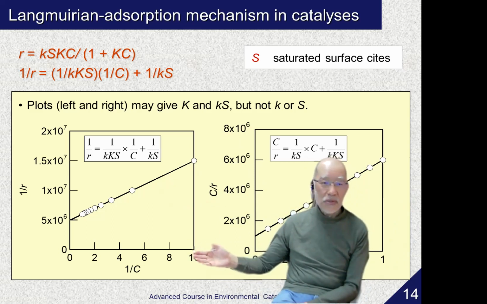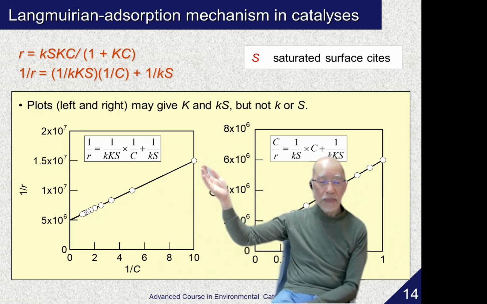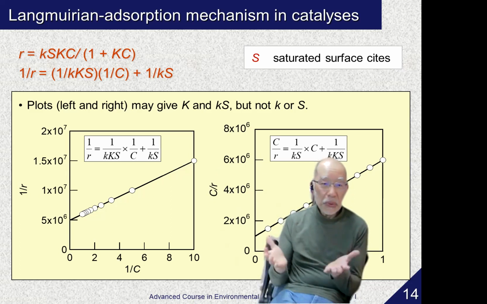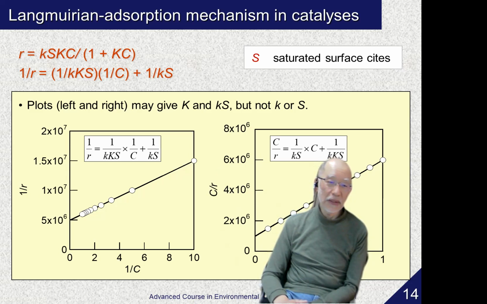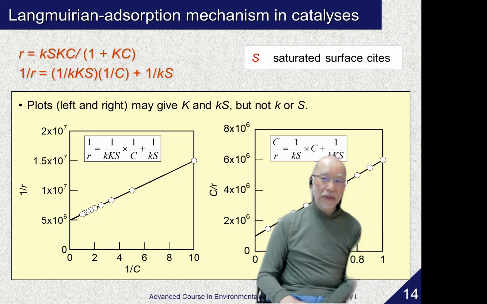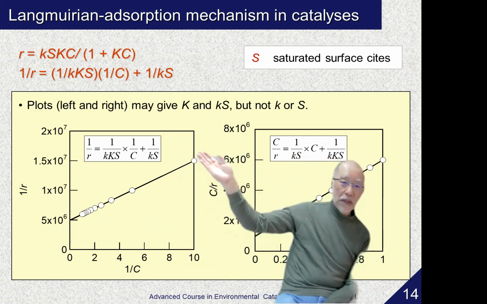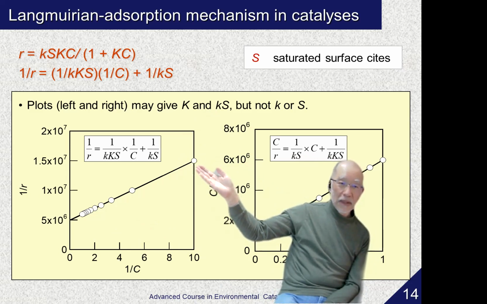However, in this case, the reciprocal reaction rate, 1 over R, is plotted against 1 over C. So this point is the lowest concentration part, and for low concentration, the measurement of reaction rate or concentration itself has some large error compared with the high concentration part. So this data point has some errors.